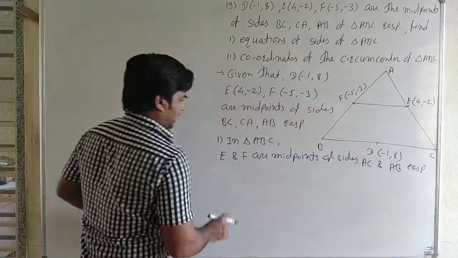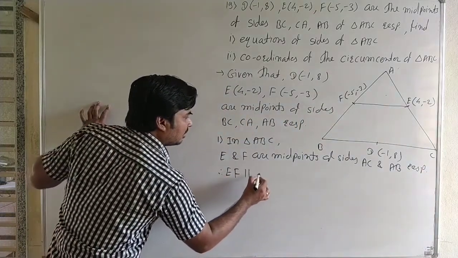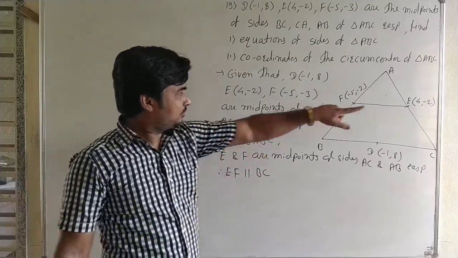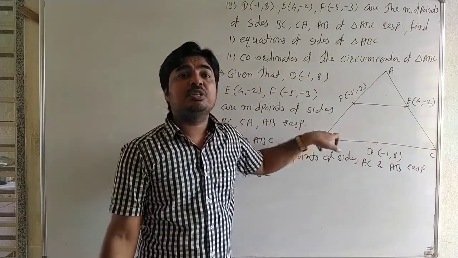Okay. Therefore, EF is parallel to the third side, that is BC.